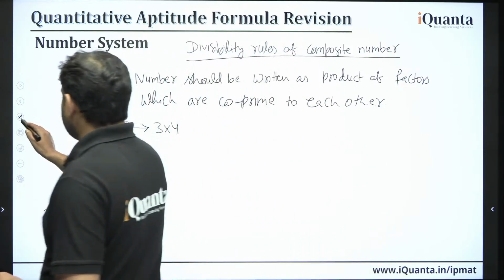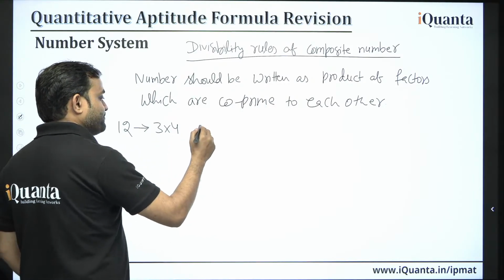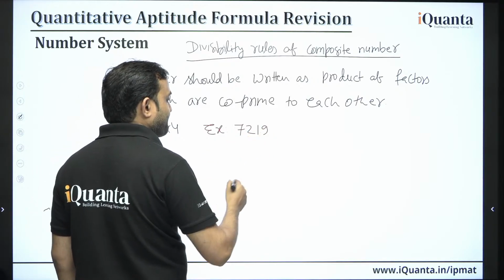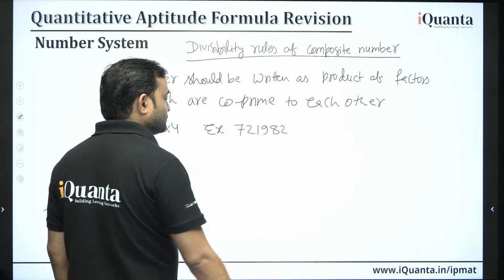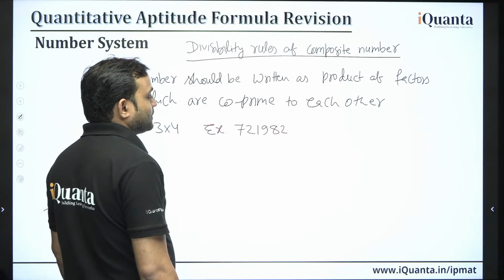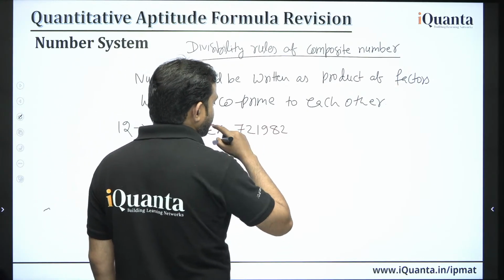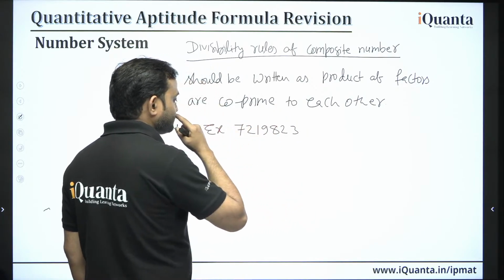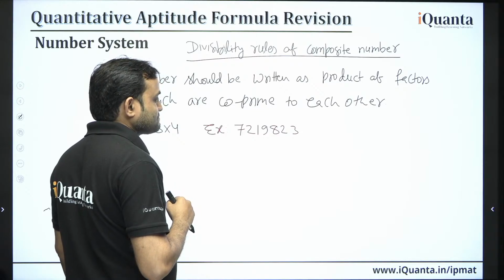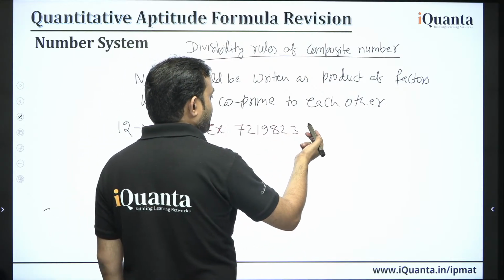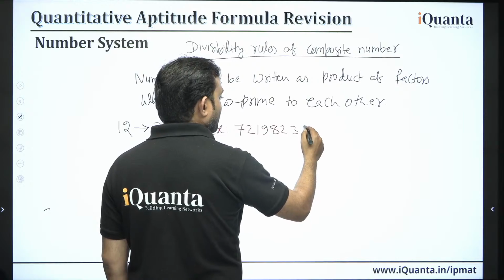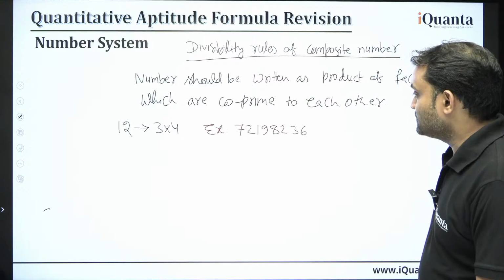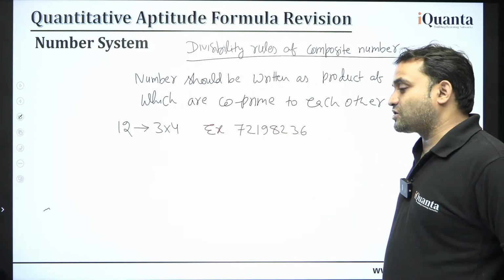For example, let's take a number, 721982 3 6, let's say. Now tell me, is this number divisible by 12 or not? How do you check it?